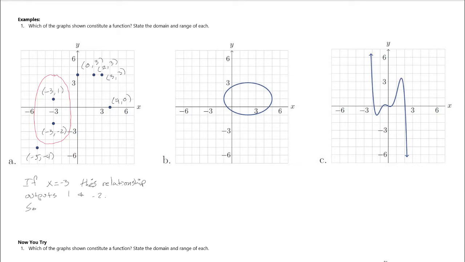So this is not a function. The other inputs that we have, -5 only outputs -4, 0 only outputs 3, 2 only outputs 3, 3 only outputs 3, and 4 only outputs 0, but -3 has two different outputs, so this is not a function.